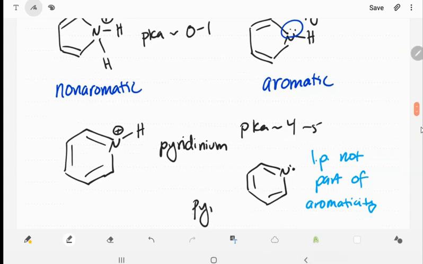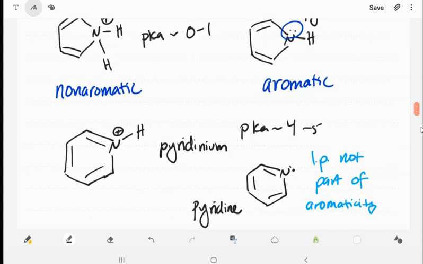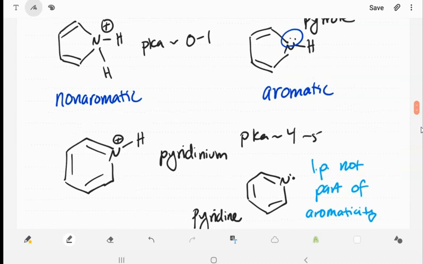So pyridine, although it is aromatic, the lone pair doesn't participate in the aromaticity, so it can go ahead and act as a normal aromatic amine. So like aniline.